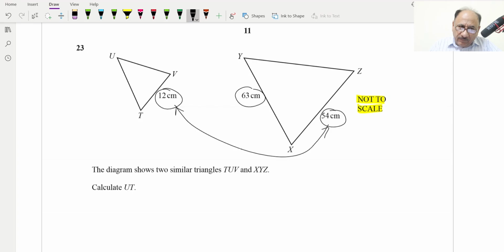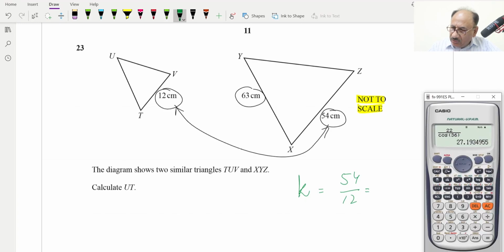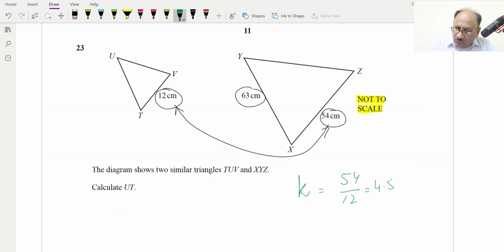To find the ratio, which is basically K, we are representing ratio by K, will be 54 divided by 12, and this one we can calculate. 54 divided by 12 will be equal to 4.5. So ratio will be 4.5.